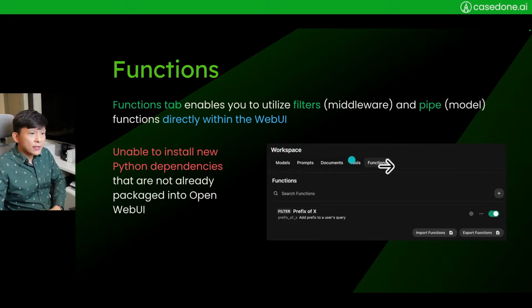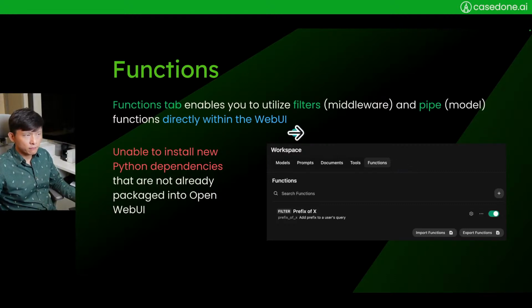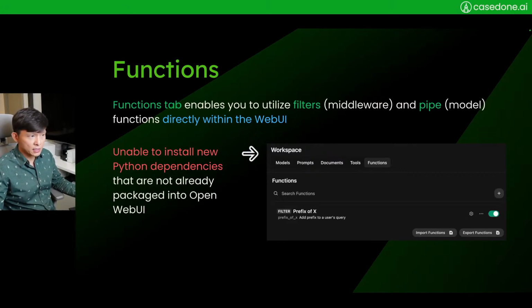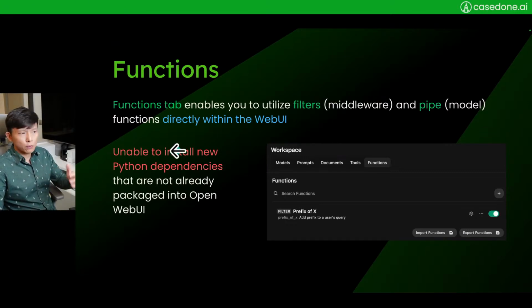But the drawback is that when you use this functions tab, you cannot install new Python dependencies in it, and so your custom filter and pipeline will have limited capabilities. It will be limited by whatever libraries or packages the Open WebUI you are running has.